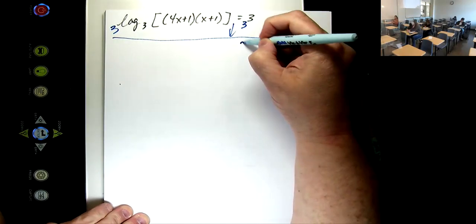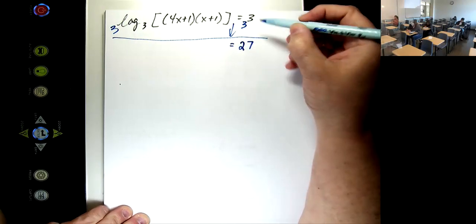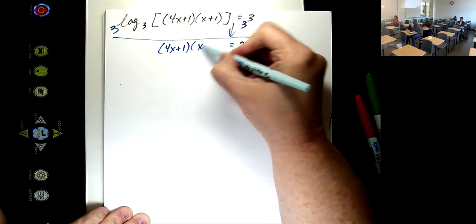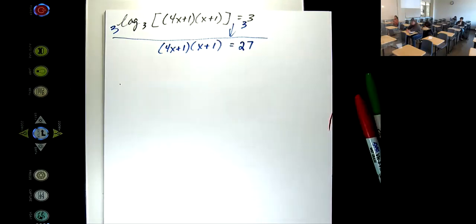Three cubed is 27. It goes in and solve that bad boy. You guys already know how to do this. You're champions at it.